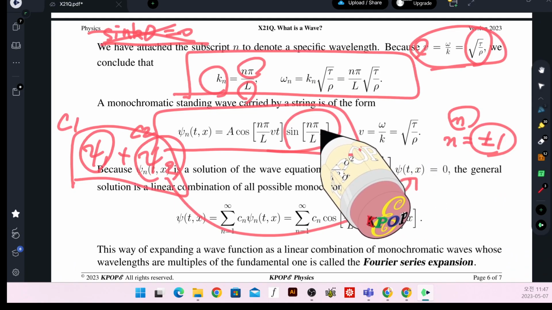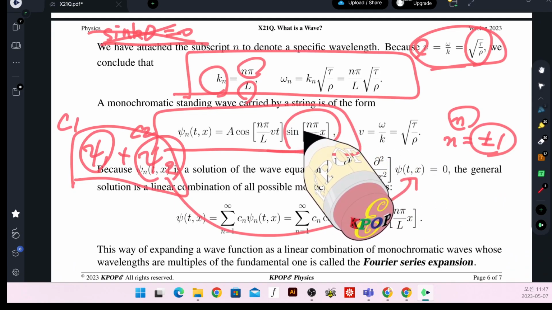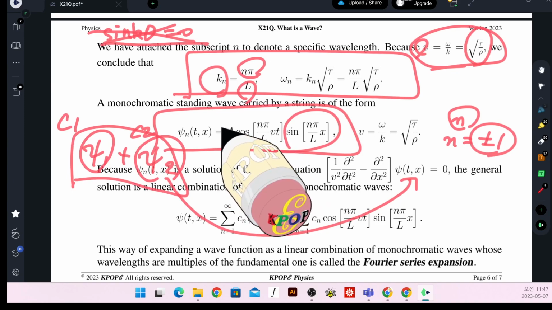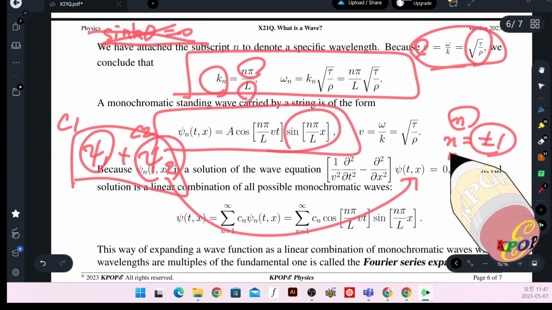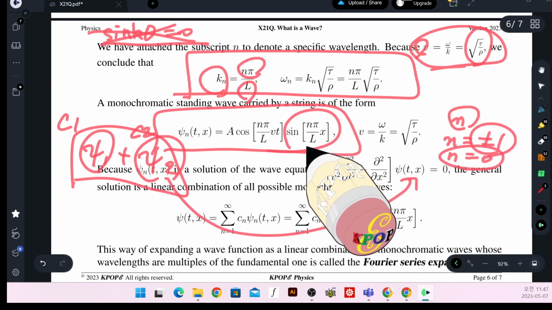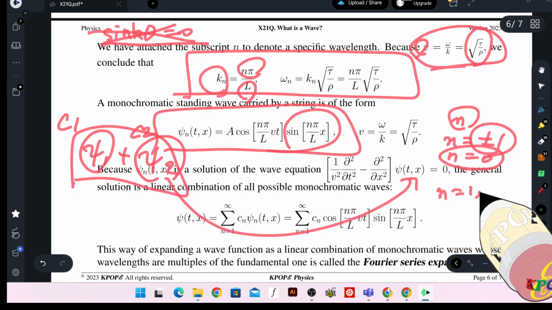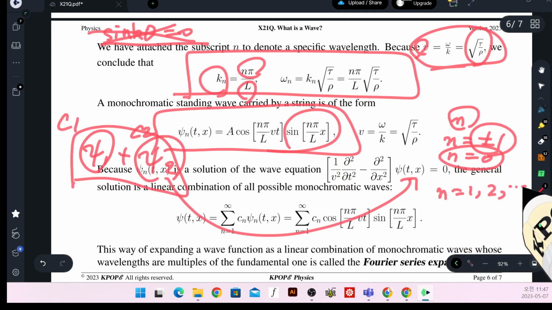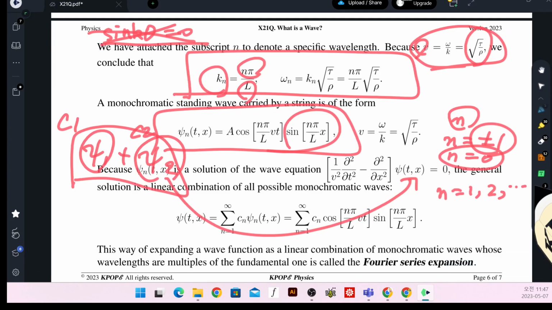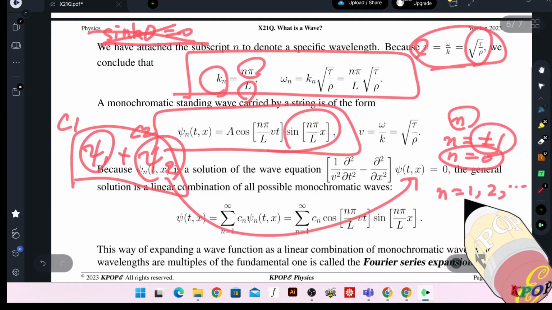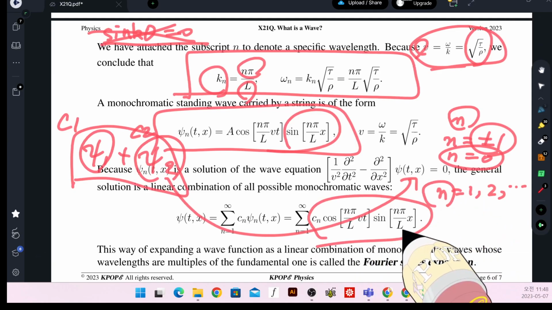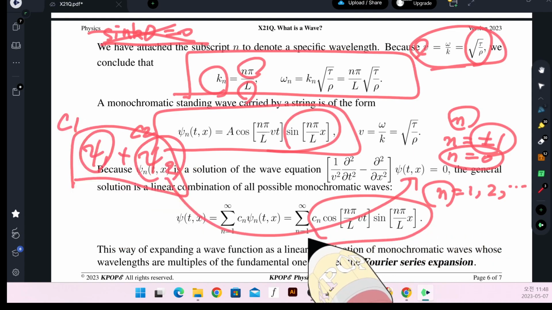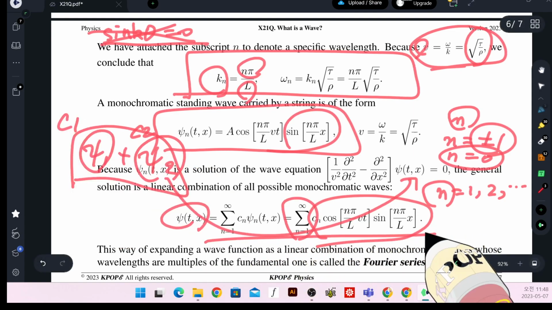If I substitute minus 1, then the negative sign comes out and can be included as an overall factor. In addition, if I substitute n equals 0, it is nothing. Therefore, our solution is for n running from 1 to an arbitrary integer. Every solution satisfying a certain integer is represented by this, and any linear combination of them should be a solution. So this is the most general solution for this boundary value problem.